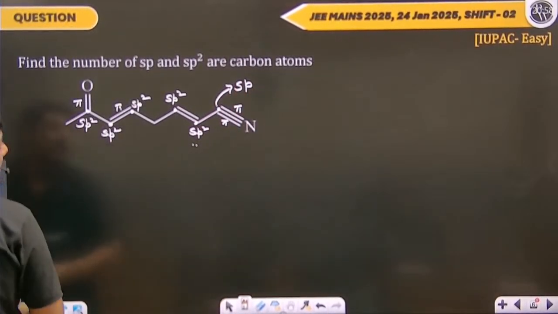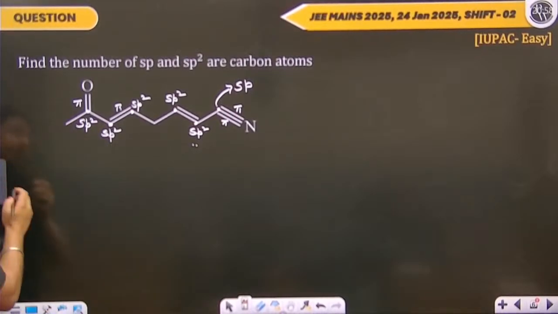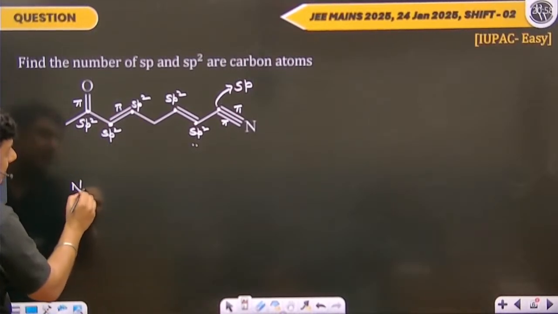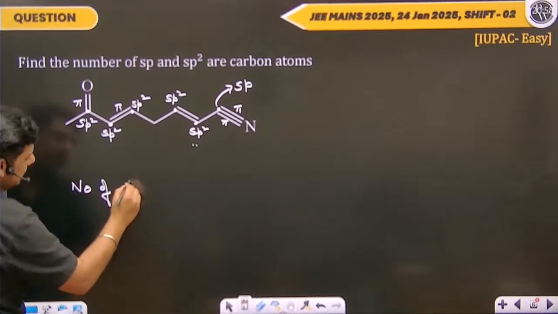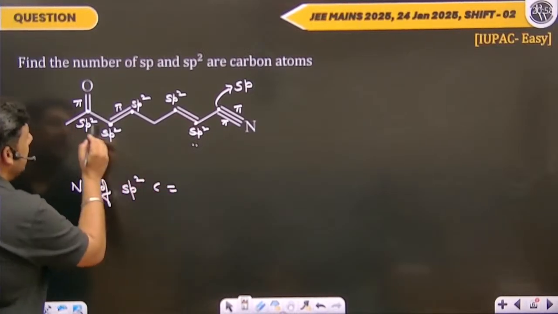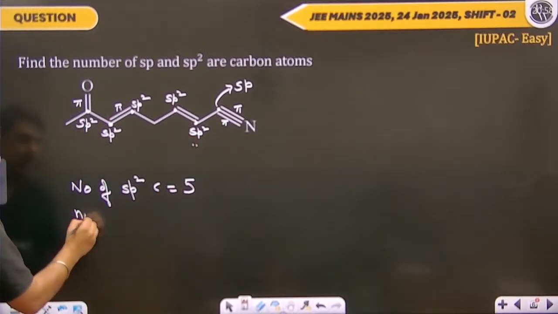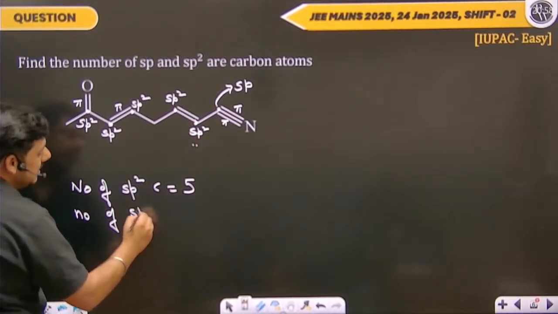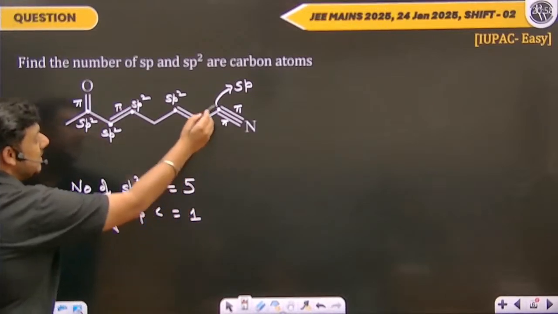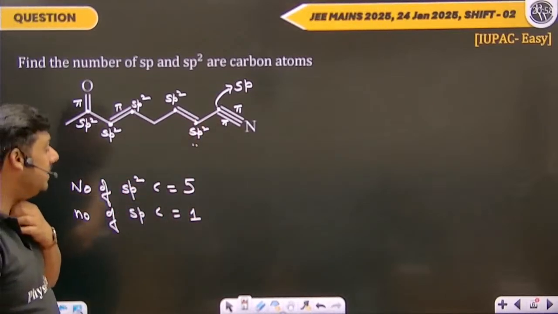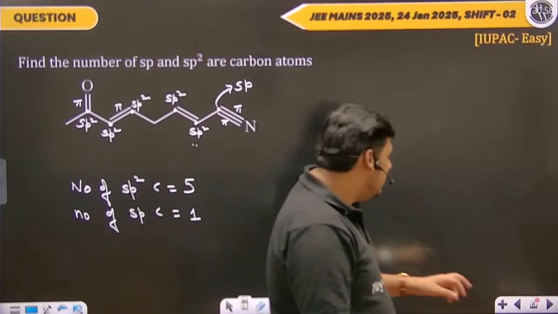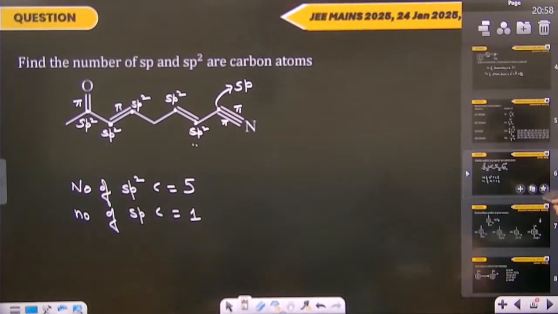So the correct answer to this question is that the number of sp2 carbons is 5, whereas the number of sp carbons is only 1. This one is your sp carbon. We only need to look at the hybridization of carbon atoms. They are asking you about the number of carbon atoms only, right?